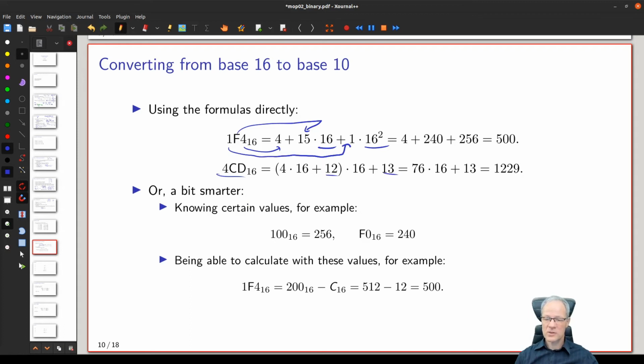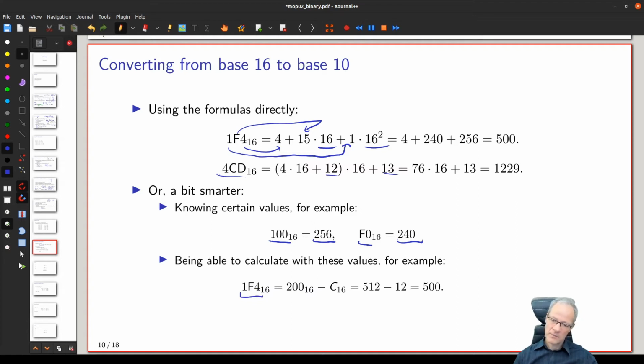Now, if we know certain values, we sometimes can do the calculation a little bit faster, right? So for example, let's say we know that 100 in hexadecimal is the same as 256, right? And sometimes people start remembering things like F0 is the same as 240. So then if we want to calculate 1F4, we could think of it as pretty close to 200, very close.